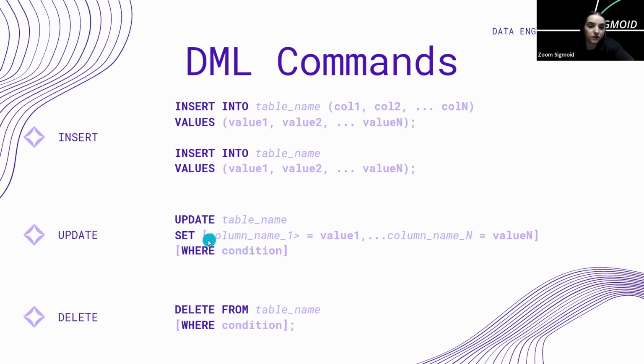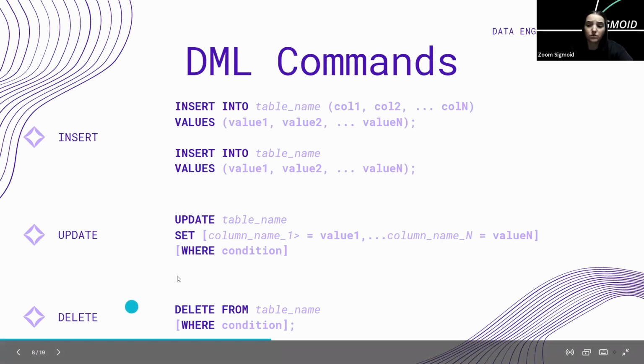It will be very easy. So set column name will be age, value equal to 21, 23, what you want. And the where clause we will talk about a bit later. So you just have to know this structure.